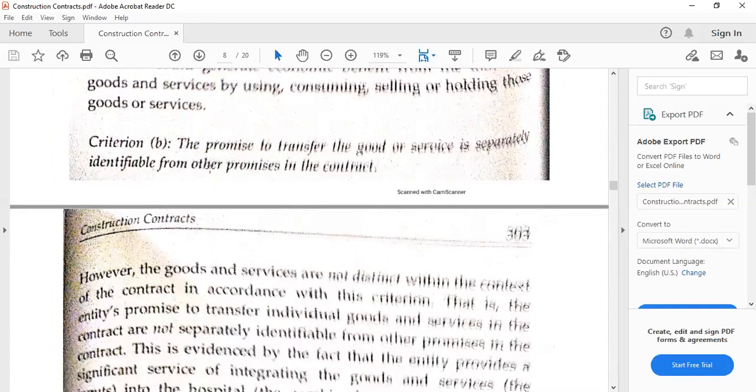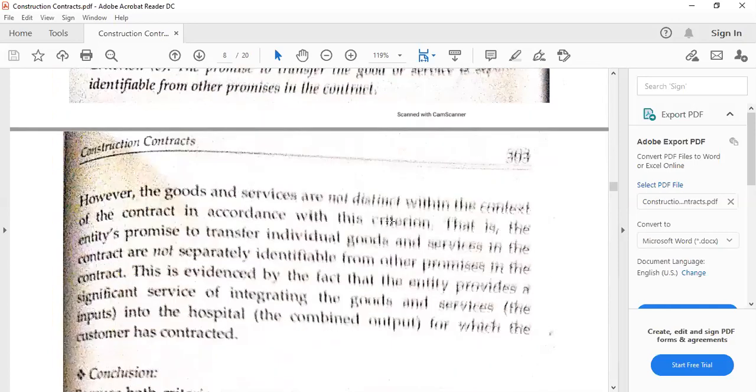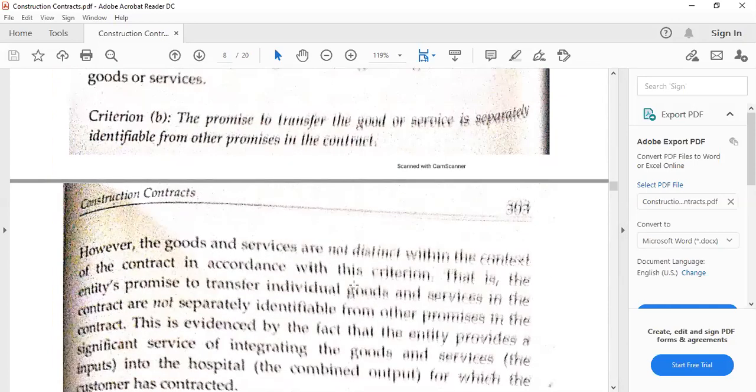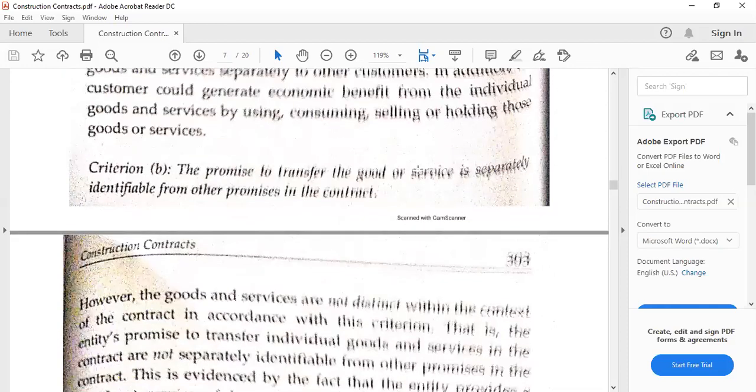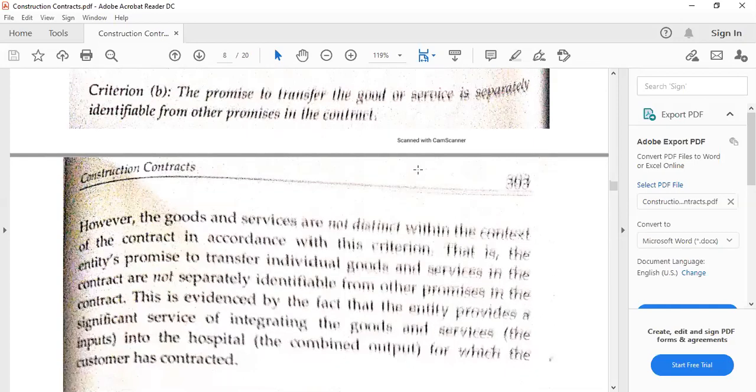Criterion B, the promise to transfer the good or service is separately identifiable from other promises in the contract. However, if this is just the requirement, then it would not be automatic that the said goods and services are really distinct within the context of the contract.